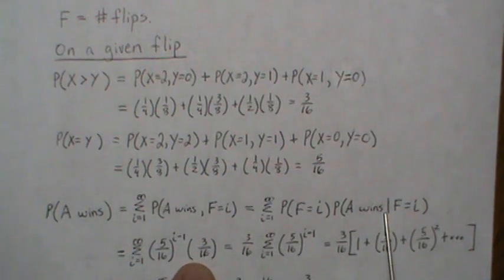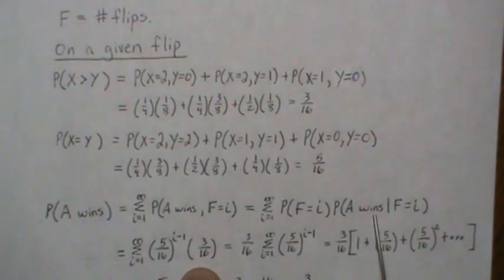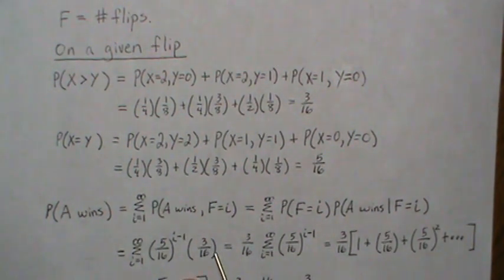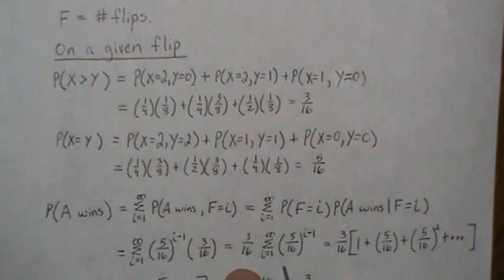times the given flip. When i is 3, we have to tie on the first one and tie on the second one, and then flip 3 is 100%. So this is 5/16 to the second, and that's what we get when i is 3. And then on any given flip, it's the same, 3/16. So this 3/16 can be pulled out front, and that's what we do here.